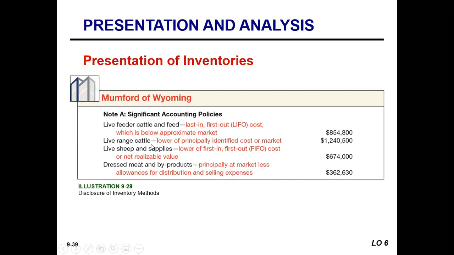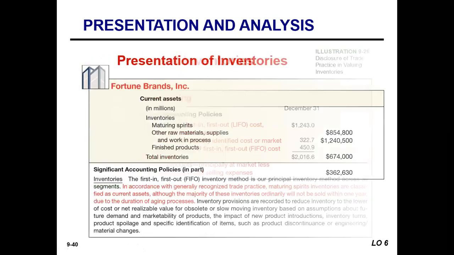Live range cattle is valued at the lower of the principally identified cost or market. Live sheep and supplies, lower of FIFO or net realizable value. Dressed meat and byproducts, market less allowances for distribution and selling expenses, right? So it should be disclosed how these are calculated.